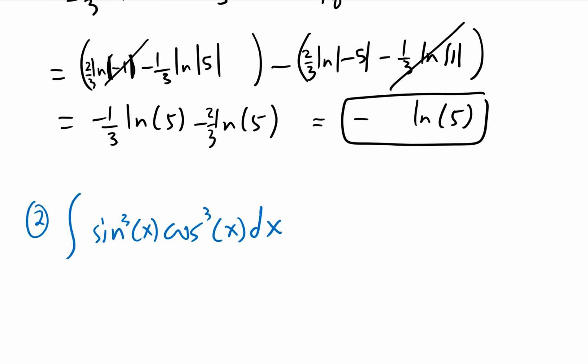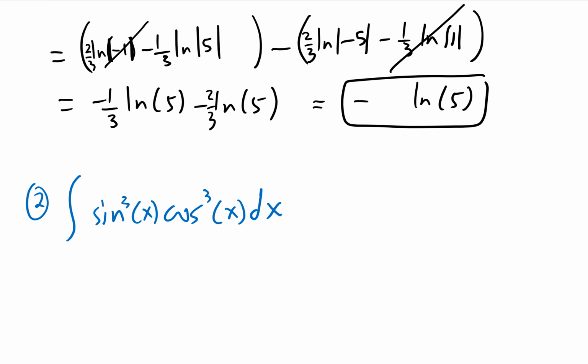So it was the integral of sine cubed x cosine cubed x dx. So how do we do this? Because both have odd powers, the trick is you can save a copy of either sine or cosine. It doesn't matter which one. Let's say I want to save a copy of cosine.